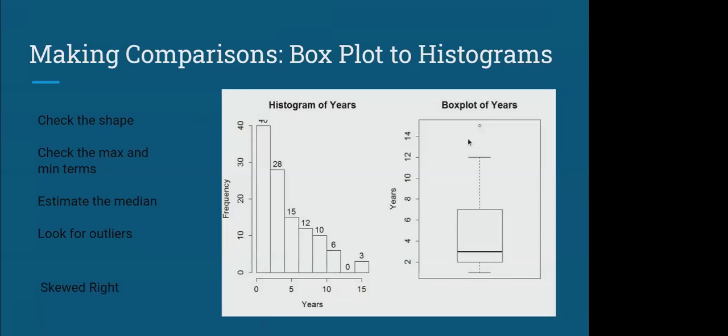If you ever have a graph and you're doing this matching, look for the outliers first because they stand out. Okay, so we see here that we had the median, the max, the min, and the outlier, and that was enough data to know that these two match. And this will be skewed right.